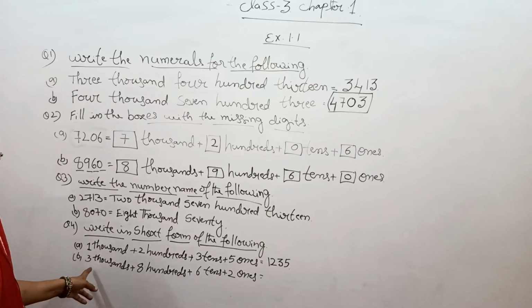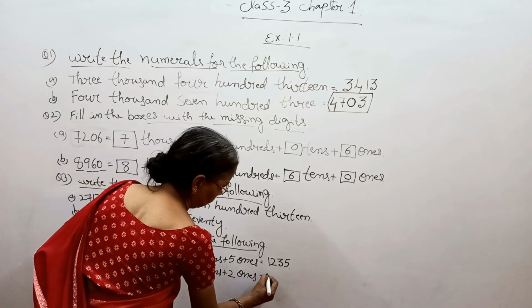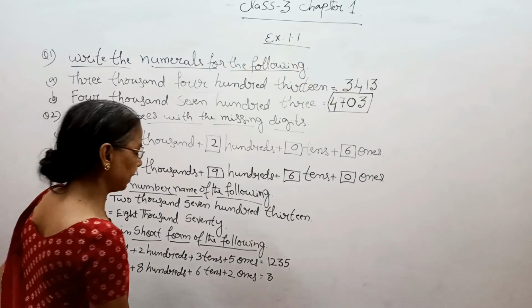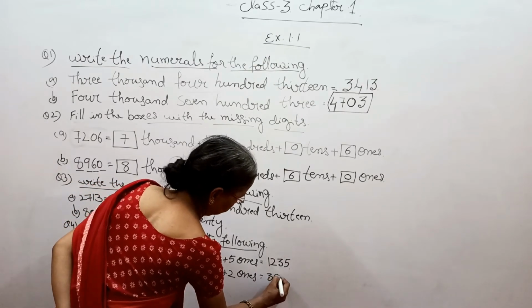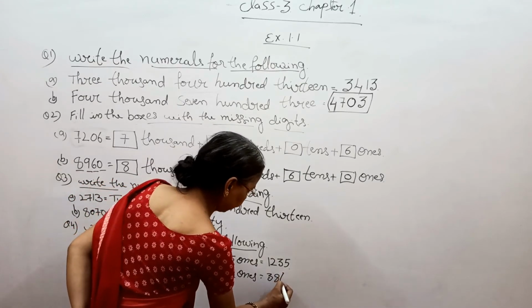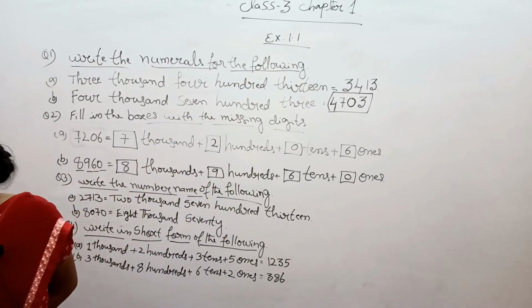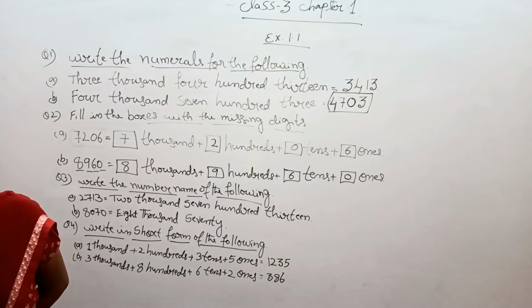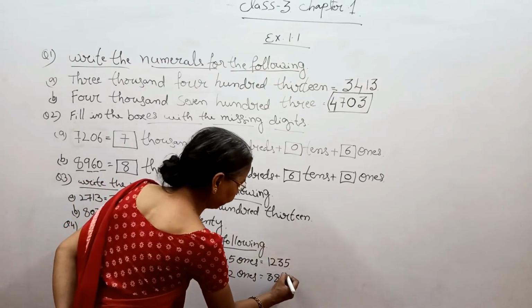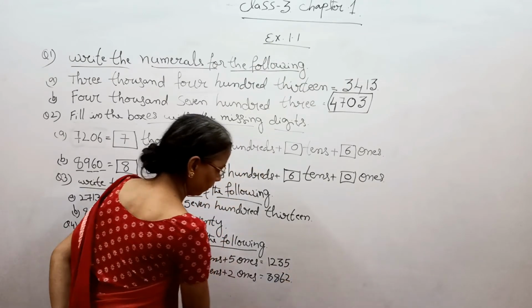That is, in thousands place we take 3, from hundreds place we take 8, and in tens place we have to write 6. Then in ones place we have to write 2.